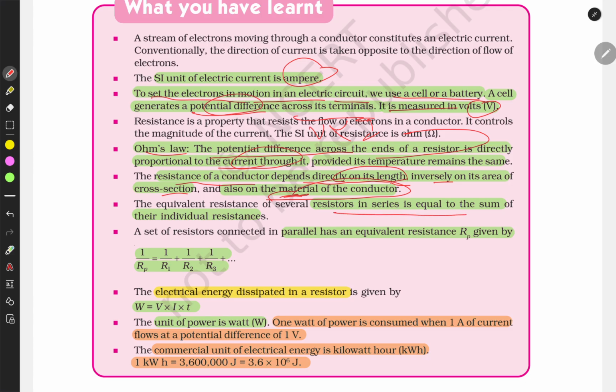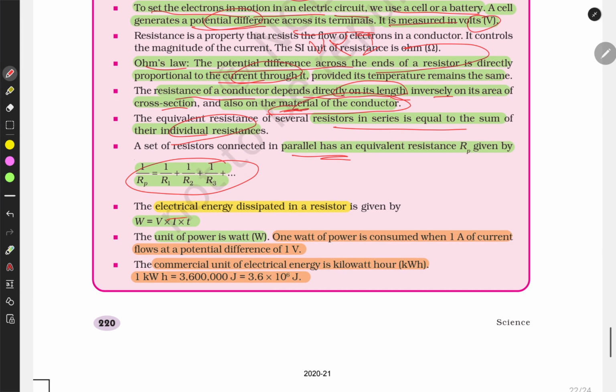When resistors are lined up in series, the equivalent resistance is the sum of the individual resistances, and we also found the resistance in the case of parallel. Electrical energy dissipates in a resistor with this formula.